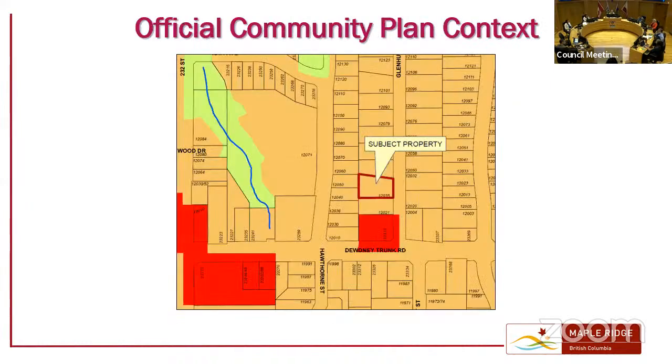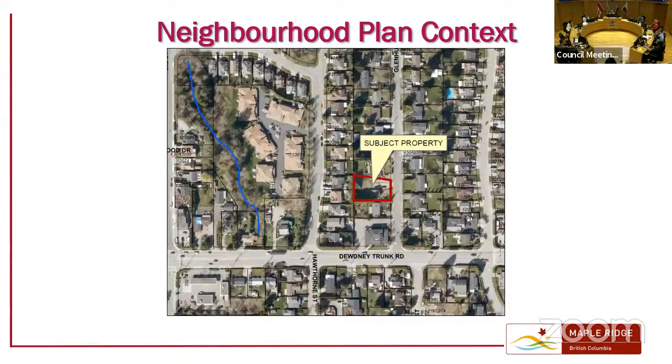The property is currently designated urban residential under the official community plan. No further amendment to the land use designation of this property is required to support this rezoning and subdivision application.